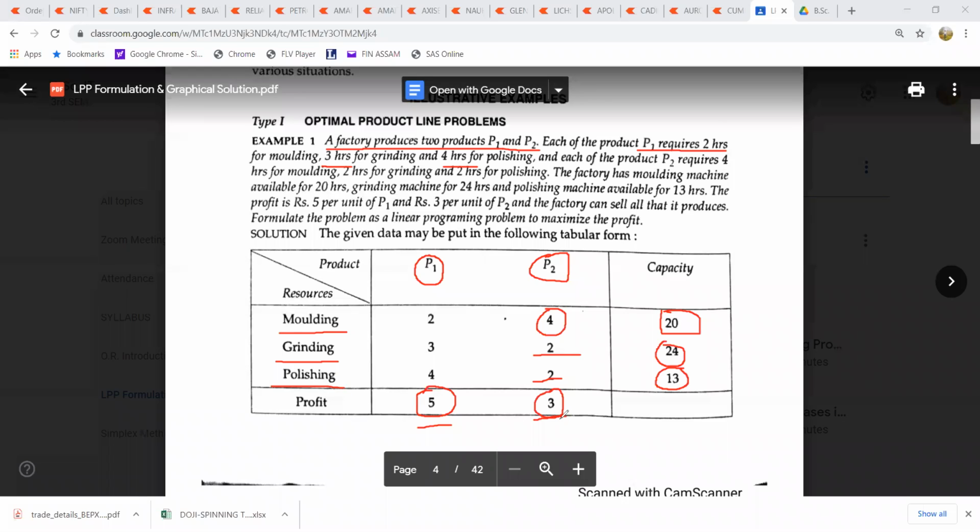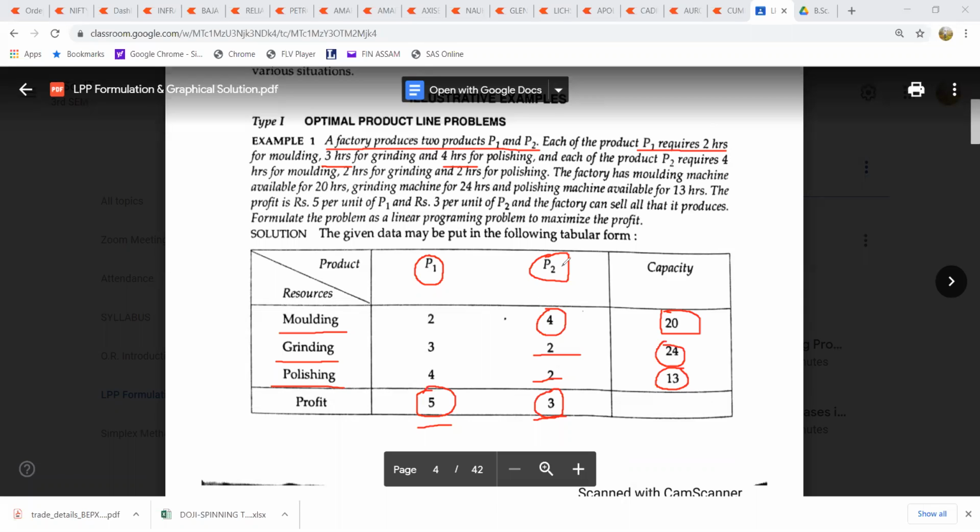Am I clear? So the company is manufacturing products P1 and P2. The question that comes to our mind is: how will you maximize the profit?